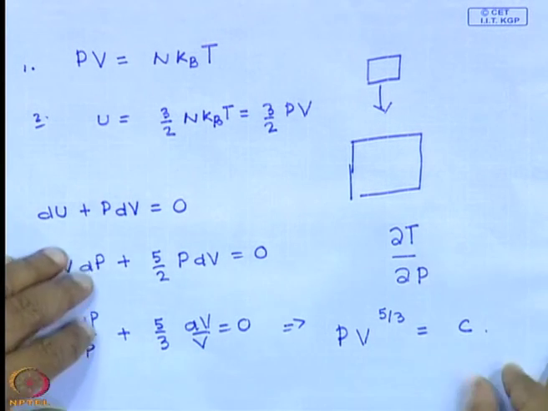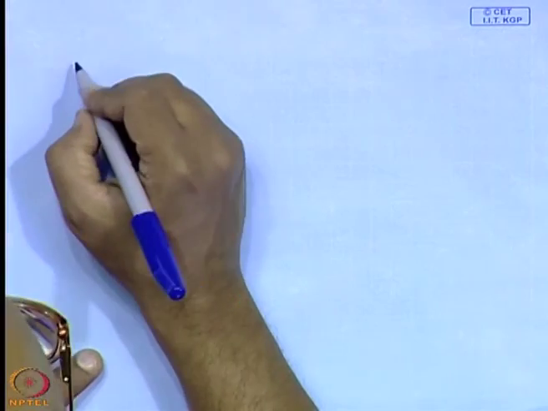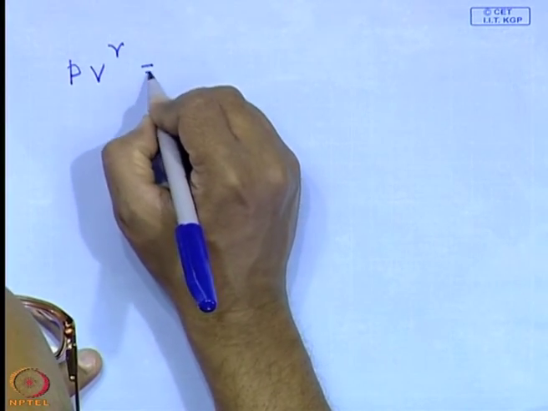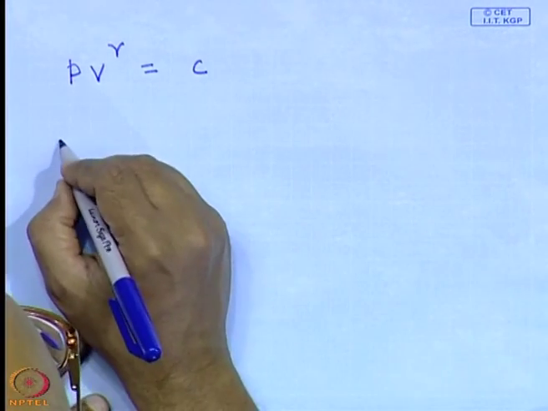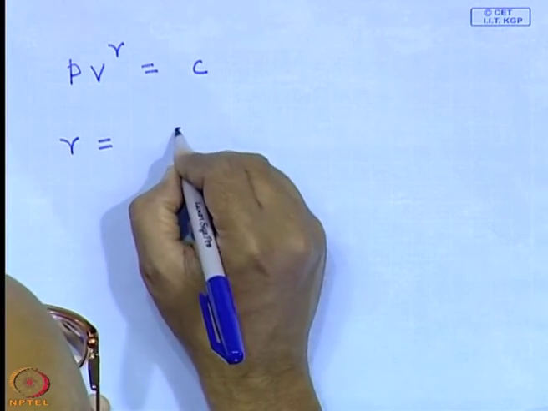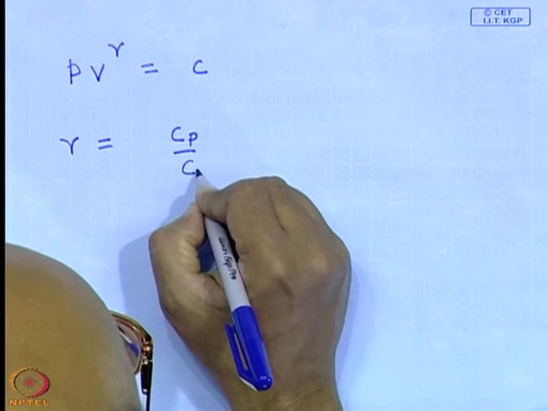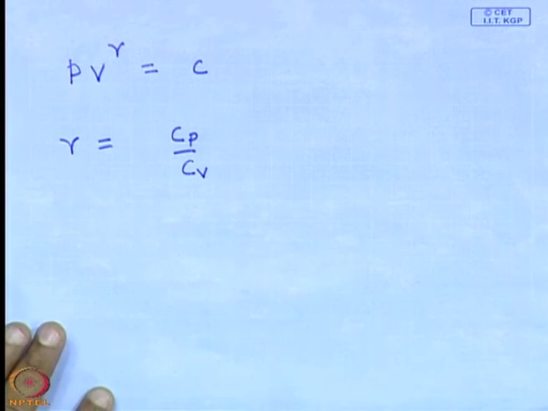Let me now just write down the general thing. In general, P V to the power gamma is a constant, where gamma is the ratio of the specific heat at constant pressure to the specific heat at constant volume.